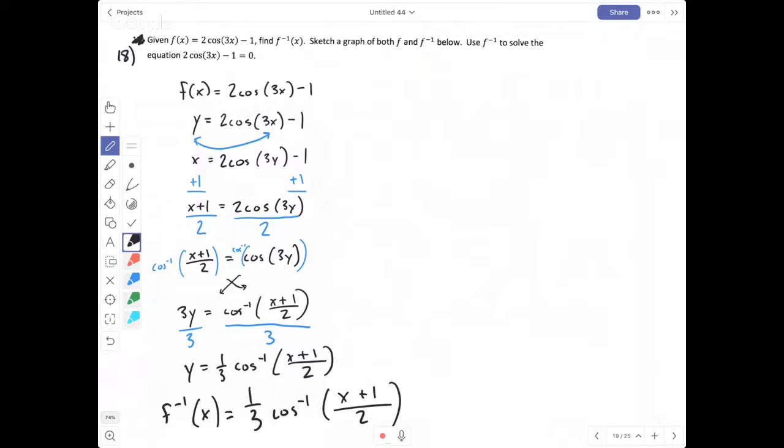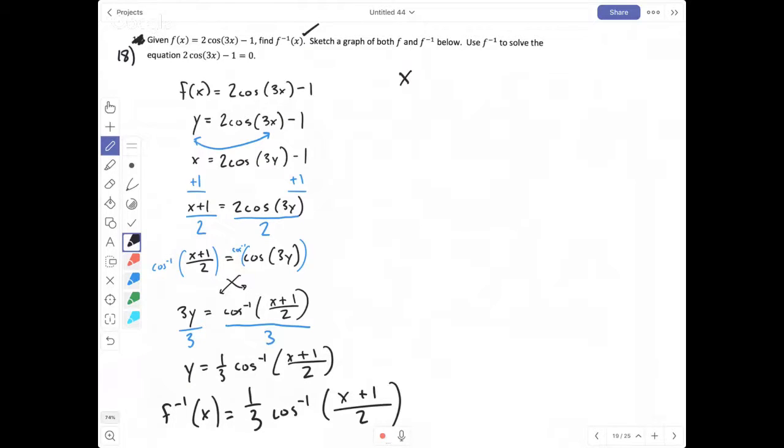Okay. My next task is that I'm supposed to sketch a graph of both f and f inverse below. And then I'm supposed to use f inverse to solve the equation 2 cosine of 3x minus 1 equals 0. So in order to sketch the graph, I'm going to go ahead and make a table. So table x's.